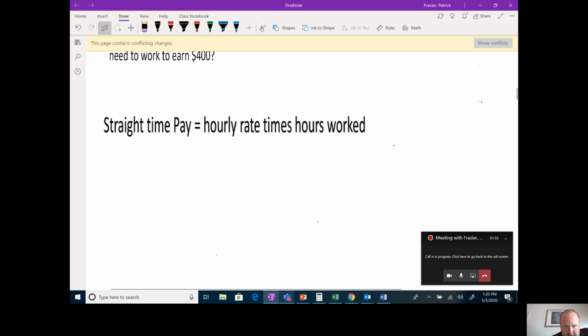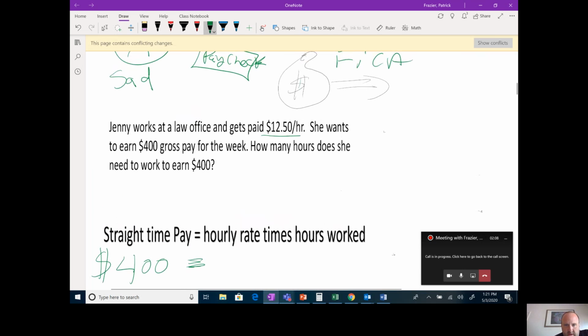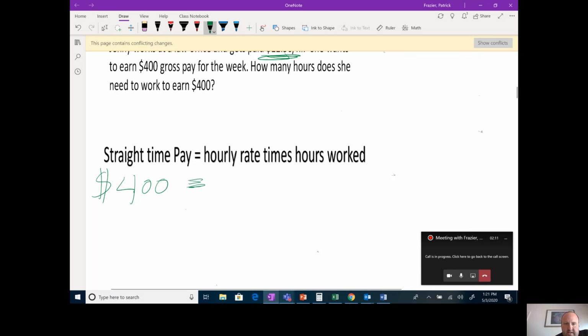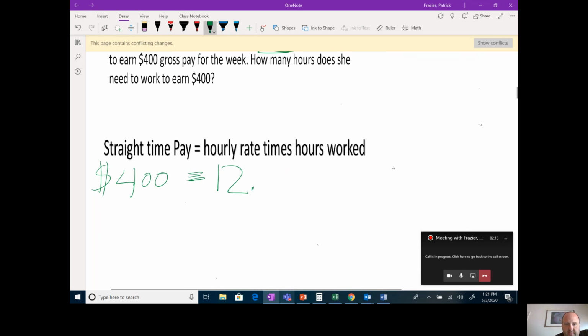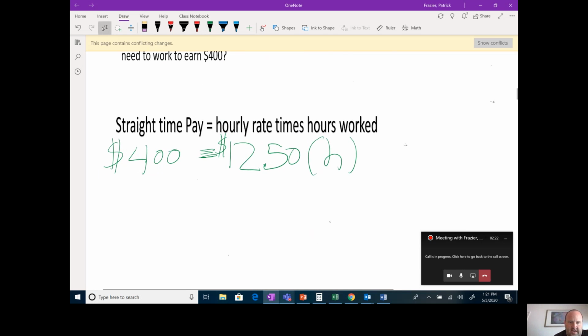Straight pay, which she wants to be $400, is equal to the hourly rate, which we know is $12.50 an hour, times hours. So all we have to do to calculate that is isolate the h, get h by itself, which is hours.